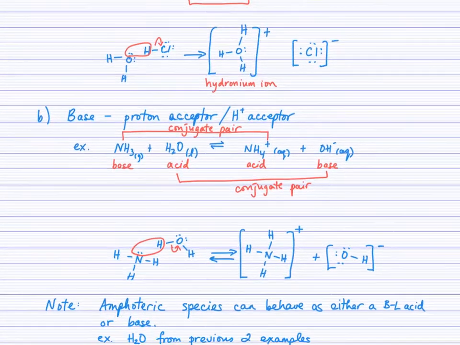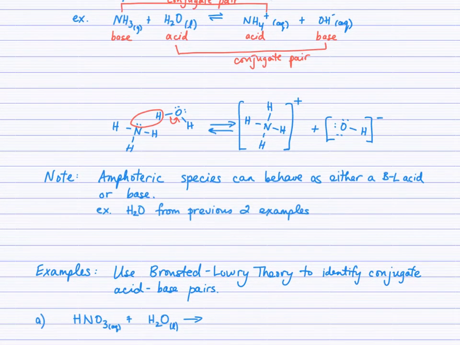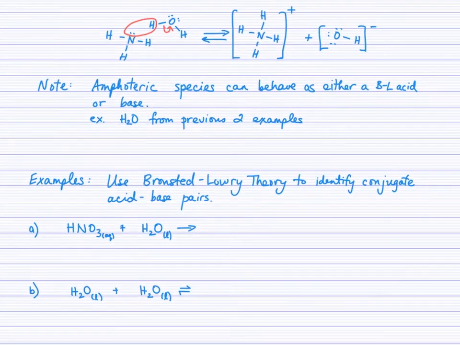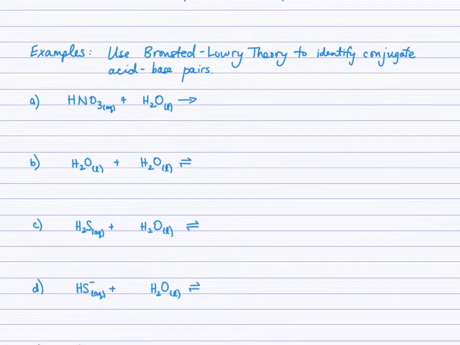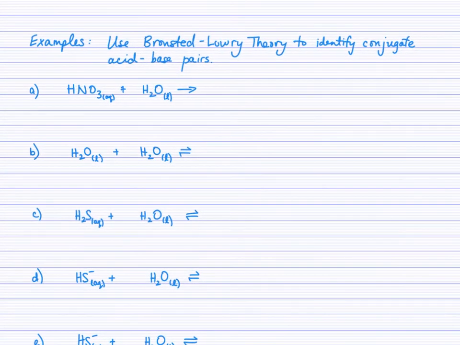So it does happen on occasion that substances, a species, can behave as either a Bronsted-Lowry acid or base. And so I've given you the term here, amphoteric, and so amphoteric species can behave as either a Bronsted-Lowry acid or base. So I'm asking you now to practice that proton transfer and identify the acid-base pairs as you apply Bronsted-Lowry theory.